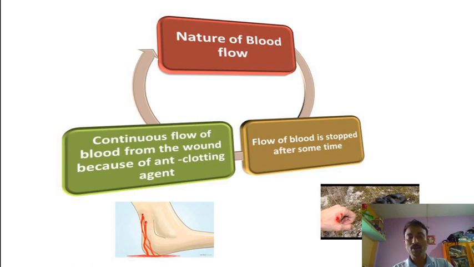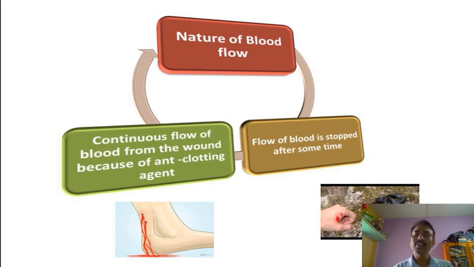Why? Because the cobra's poison has an anticoagulant agent, which avoids clotting, and due to this the blood continuously flows from the wound. When this happens, we note that the bite was of a poisonous snake, a cobra or viper.